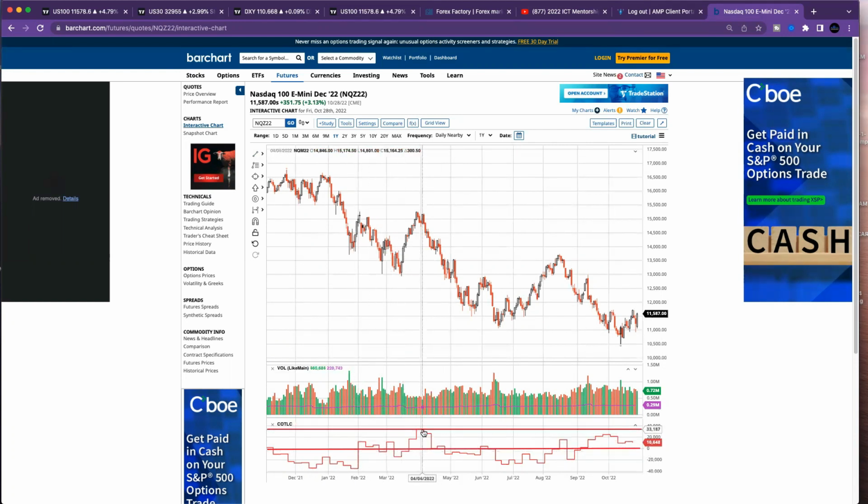But let's deal with this upper quadrant. If the commitment of traders line is above the 0 line and we have our extremes outlined, we can work with this quadrant up here. What do we do with that?